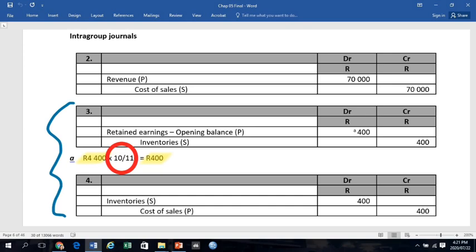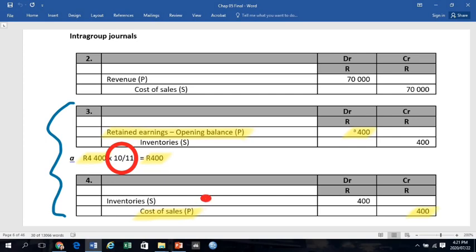So to achieve what I want, I debit my retained earnings opening balance of the parent with the 400. This is where the unrealized profit is currently sitting in my starting point in the trial balance of P. What I want to achieve further is to bring that profit back through a credit journal entry to cost of sales, 400.